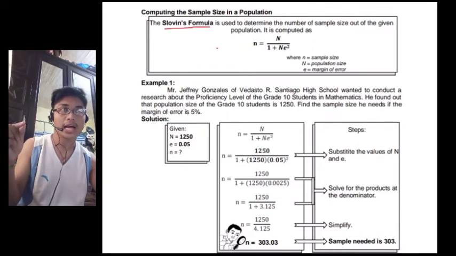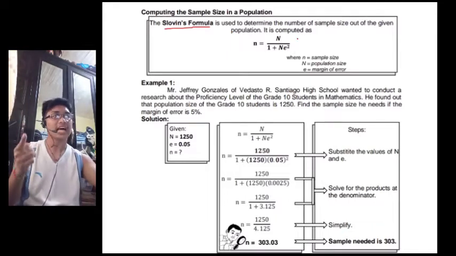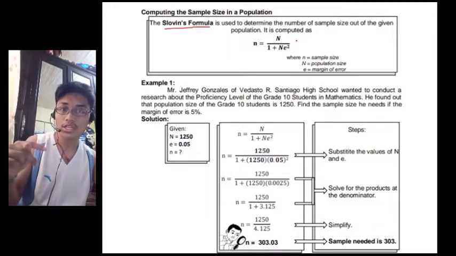Now, to compute the sample size in a population, we are going to use Slovin's formula. That is used to determine the sample size out of the given population.